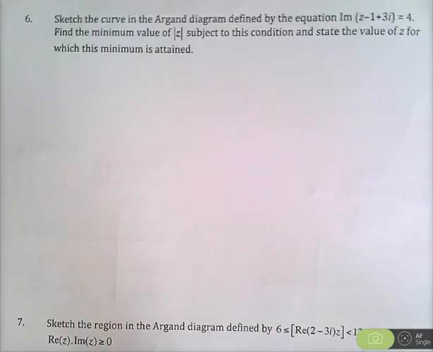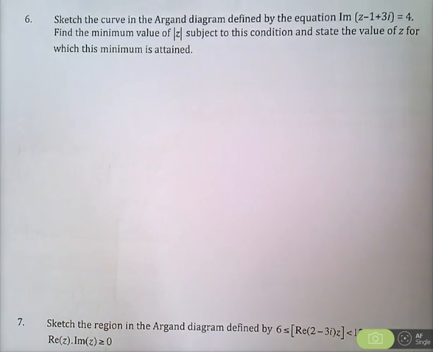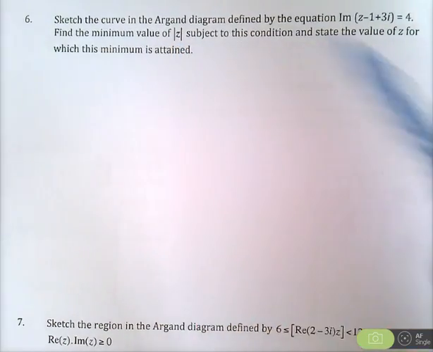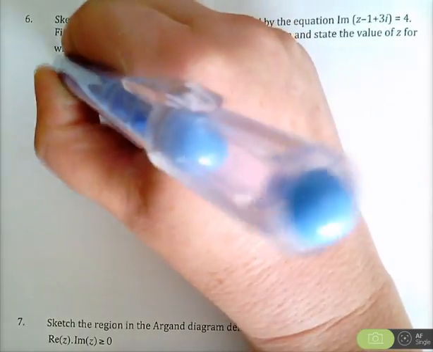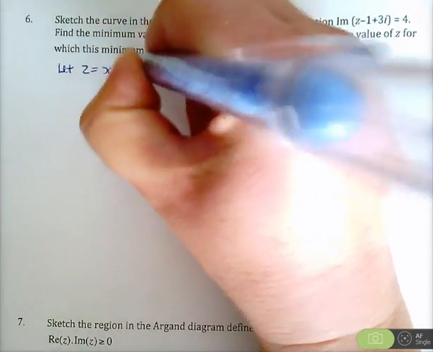Okay, question 6: sketch the curve in the Argand diagram defined by this equation, the imaginary part of (z minus 1 plus 3i) is equal to 4, and find the minimum value of the modulus of z subject to this condition, and state the value of z for which this minimum is obtained. Once again, we'll let z equal x plus yi.